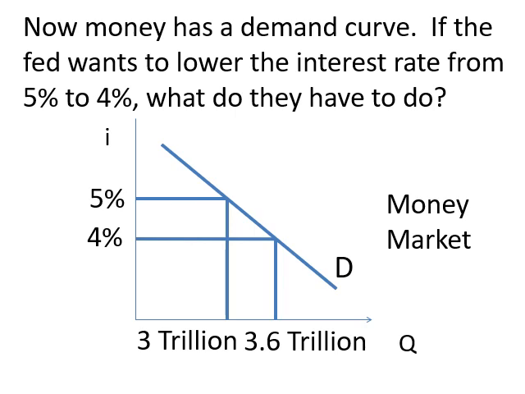So do we describe what the Fed is doing as deciding to lower the interest rate from 5 to 4%? Or do we describe what the Fed is doing by saying the Fed has decided to increase the money supply from 3 trillion to 3.6 trillion?